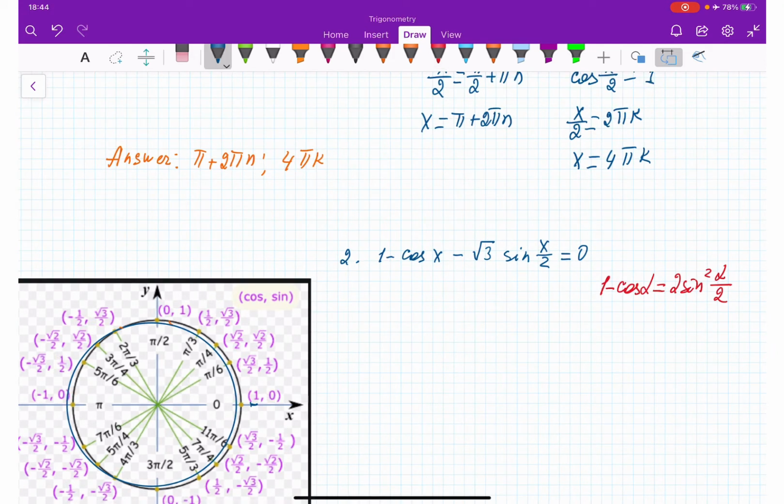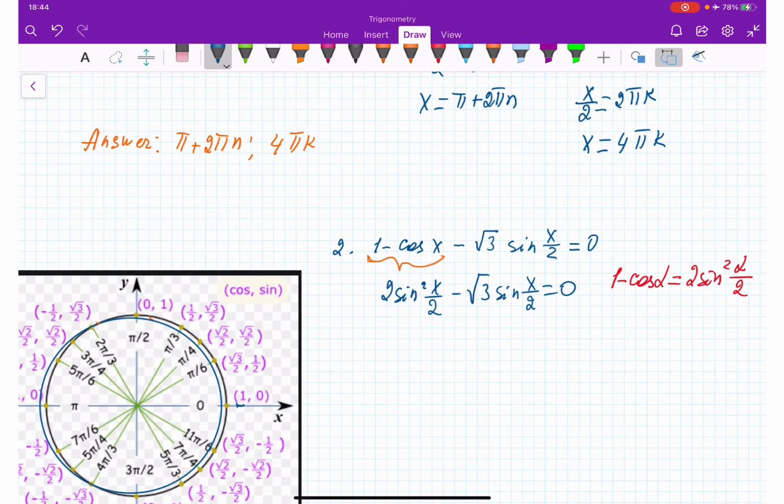So, 1 minus cosine x is going to be equal to 2 sine squared x over 2, right? Minus square root 3 sine x over 2 is equal to 0.